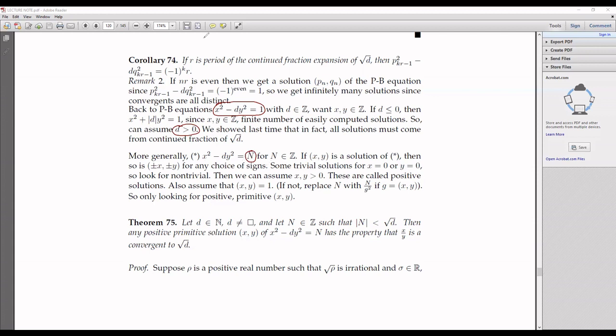In this case, as you can see, if any (x, y) is a solution, then all these 4 will be solutions, right? (x, y), (x, minus y), (minus x, y), (minus x, minus y), all of them are going to be solutions. So if you just produce the positive solutions, you will get 3 more for each solution. This motivates us to consider only positive solutions first, I mean non-negative solutions.